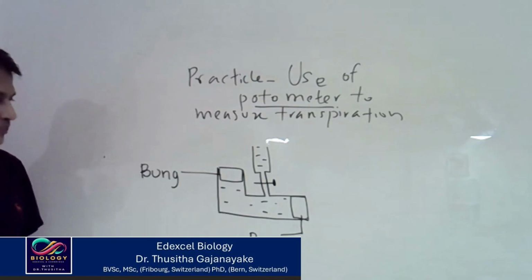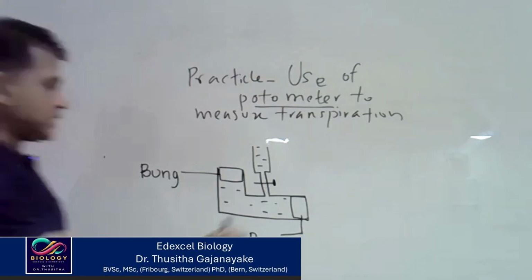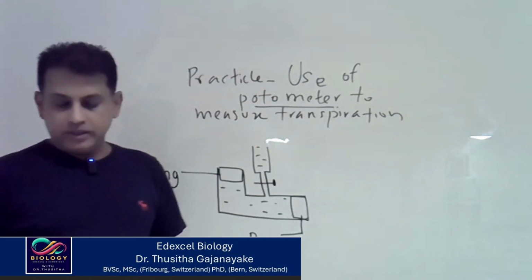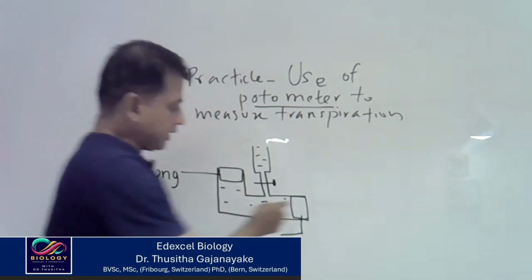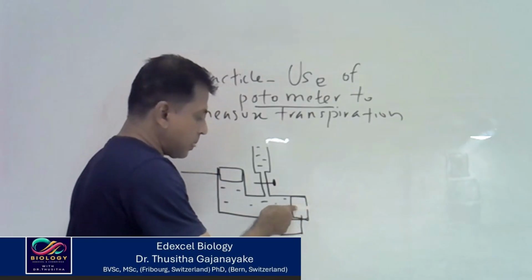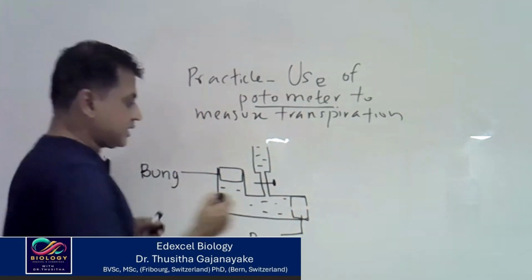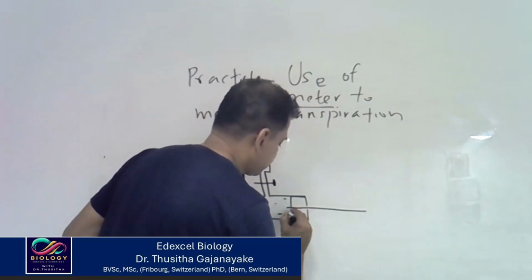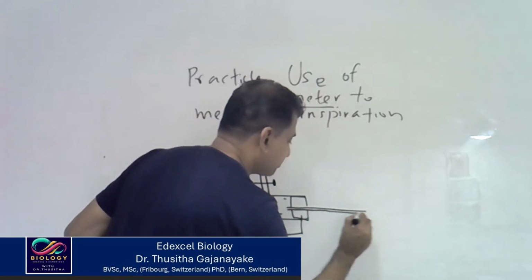Now at this end, I can make a hole in the rubber bung, and I can insert another small tube.